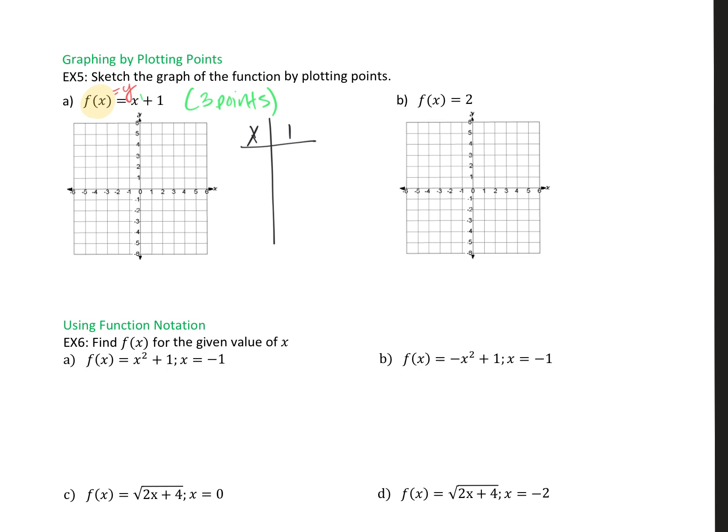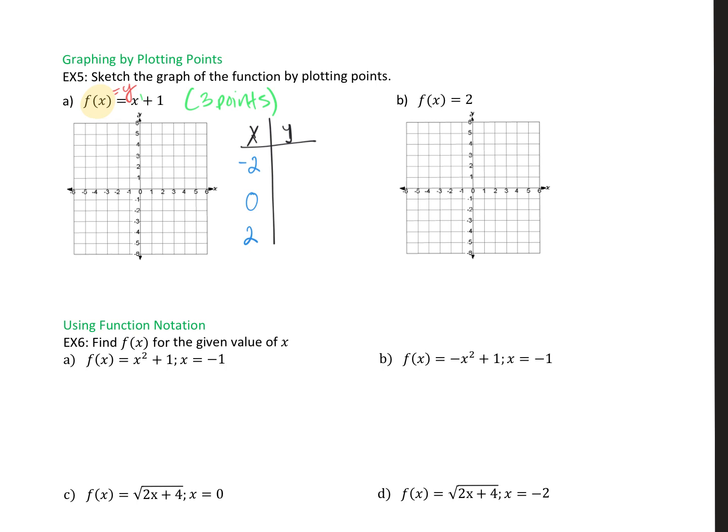It's the same person. So f of x is the same one as y. So I'm going to pick a value for x. I usually like to pick, if possible, a negative, 0, and then a positive. So I'll pick -2, 0, and then +2. I'm going to test these 3 values to find the corresponding y value.